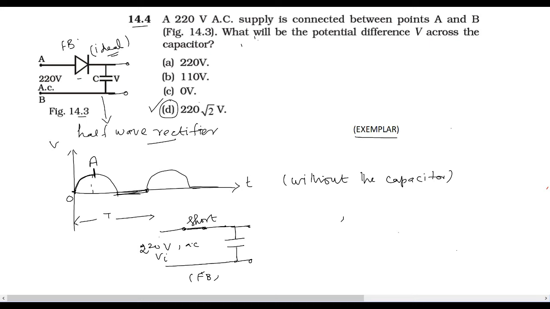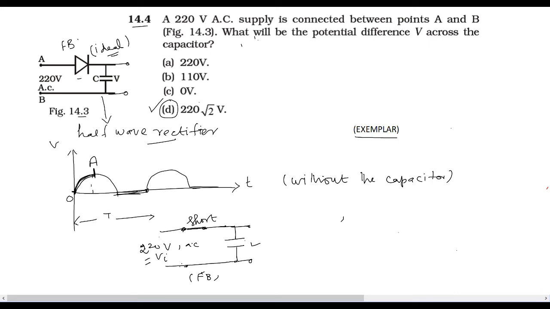Now whatever the input voltage variation is, that will be followed by the capacitor. Whatever the voltage here is would be followed by the capacitor. So this is the input side. As it increases, the voltage across the capacitor also increases, and the capacitor gets charged to the maximum value.